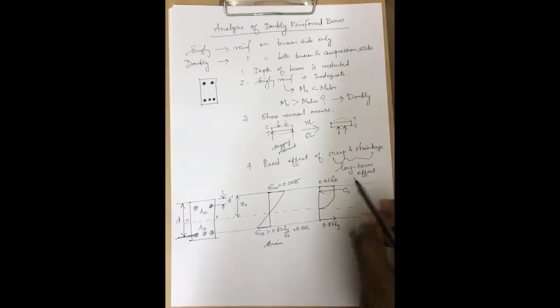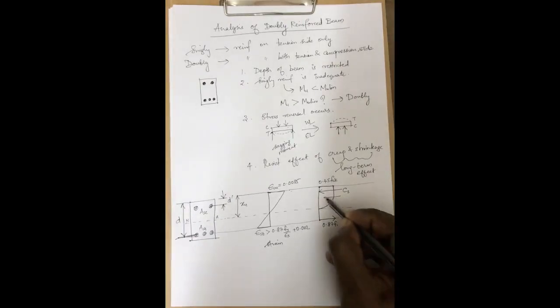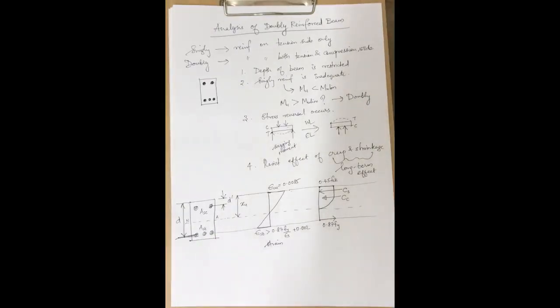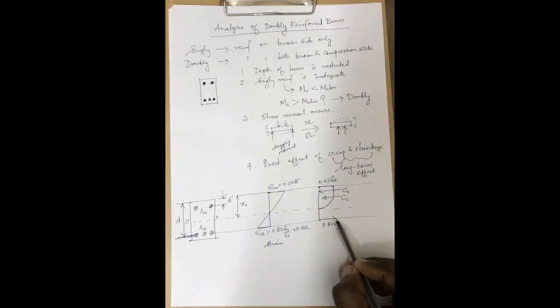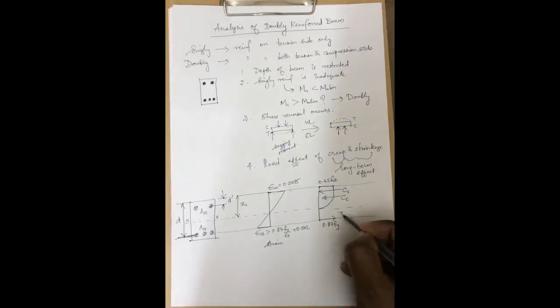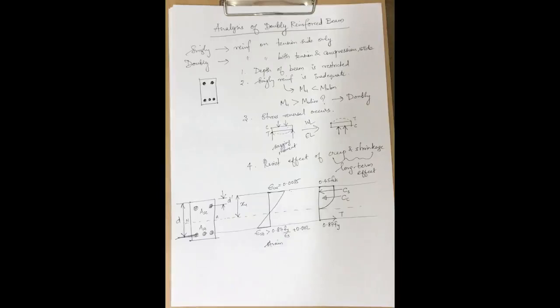The effect of the stress distribution of concrete we take as a compressive force due to concrete, CC. And the tensile force at the level of tension steel, let us call it capital T.